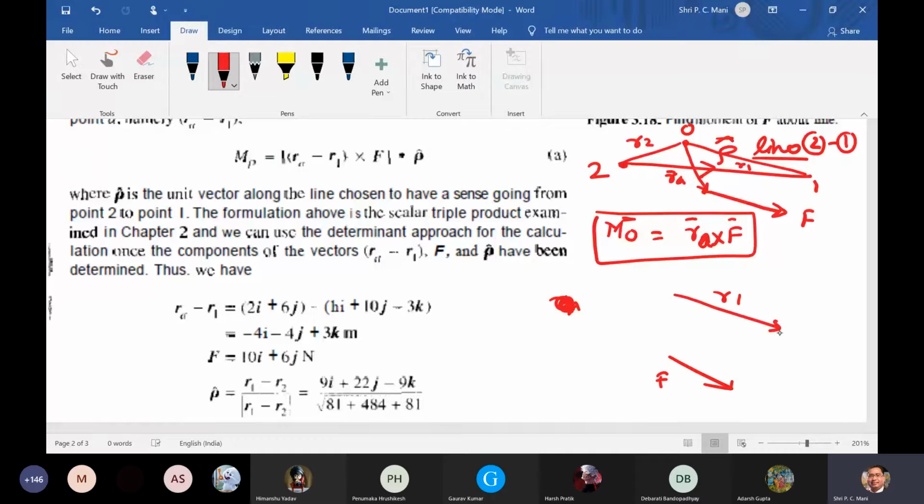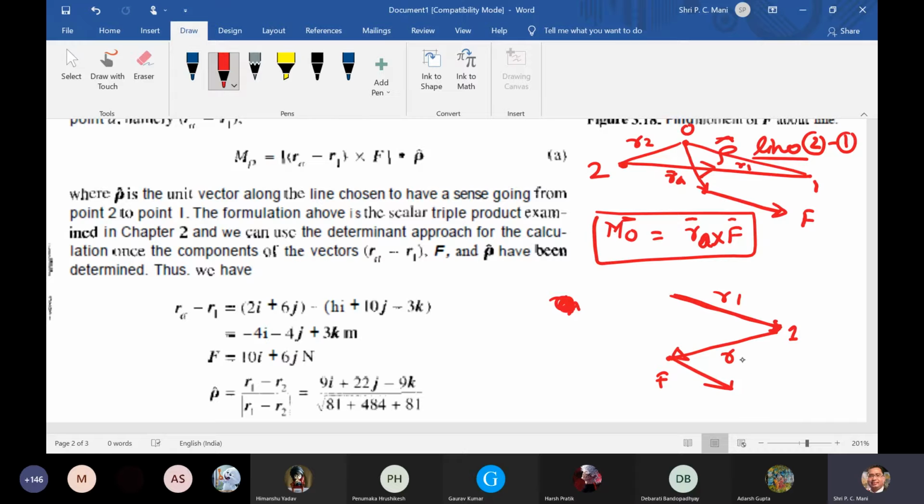Okay, so if you are going to find the moment about 1 point, this is the 1 point. So from 1 to this point, you have to take the displacement vector.